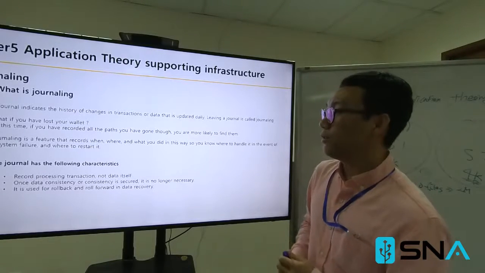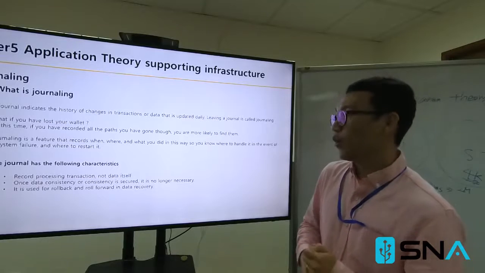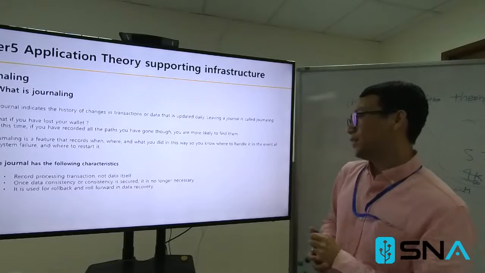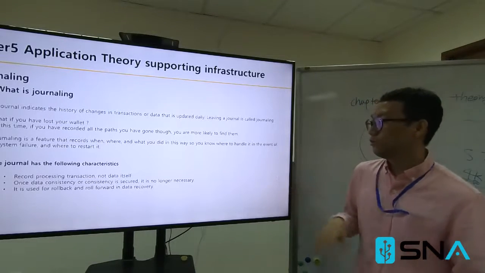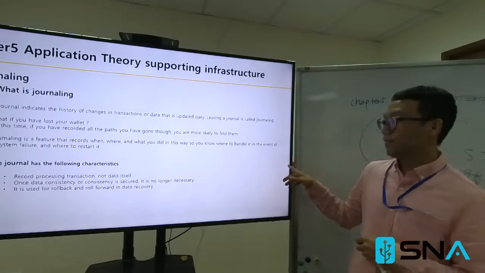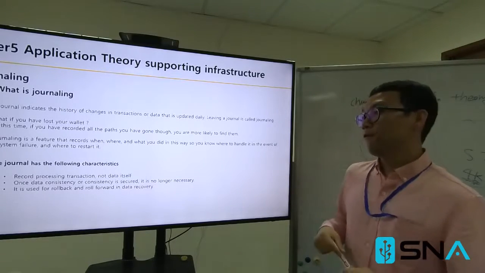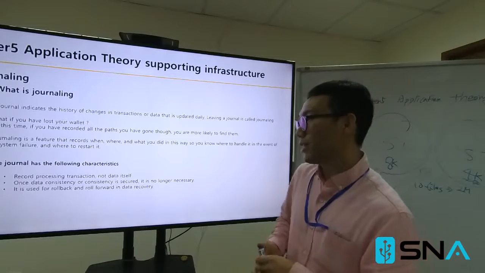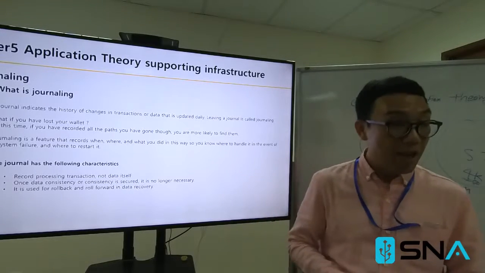Journaling is a feature that records when, where, and what you did in this way, so you know where to handle it, the event of your system failure, and where to restart it.